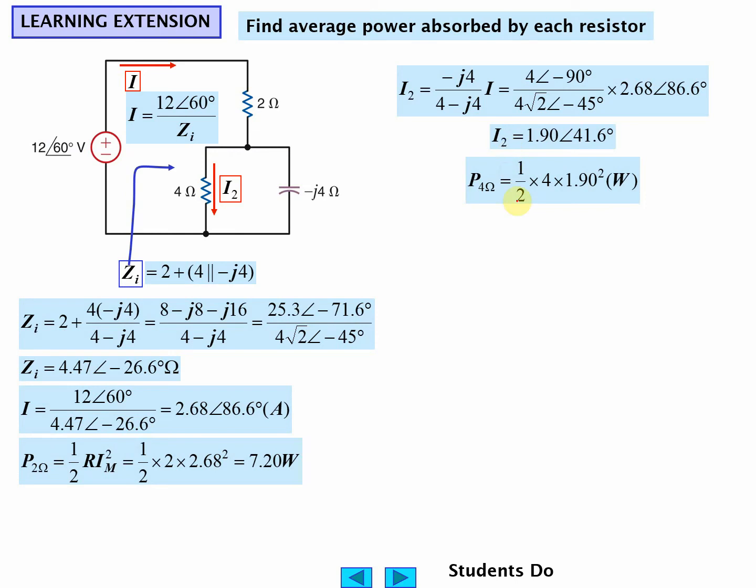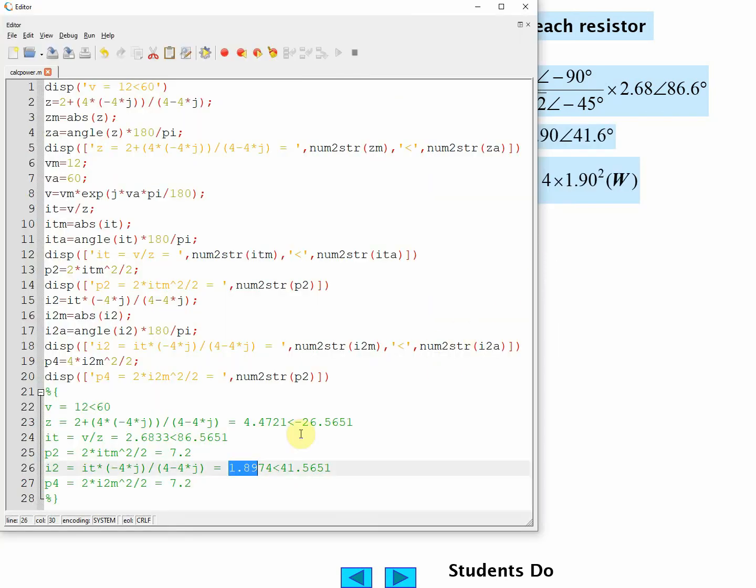Power is 1/2 times the resistance times the 1.90 squared. So here's what I actually did, but here's what I wrote down.